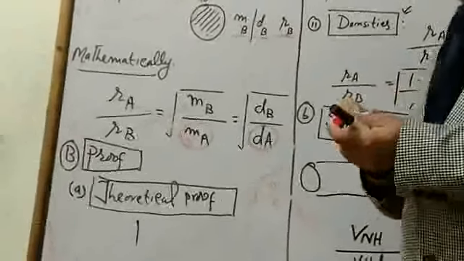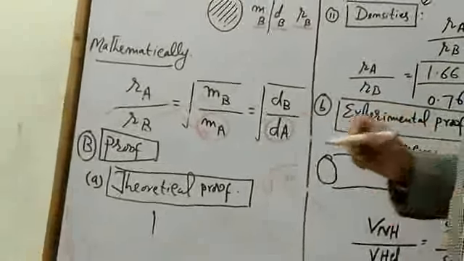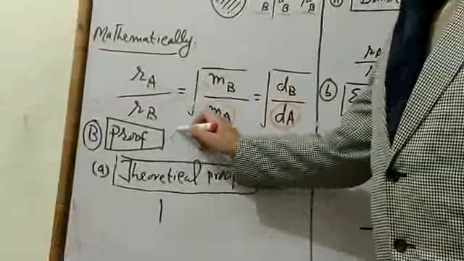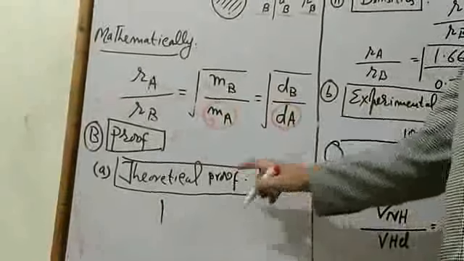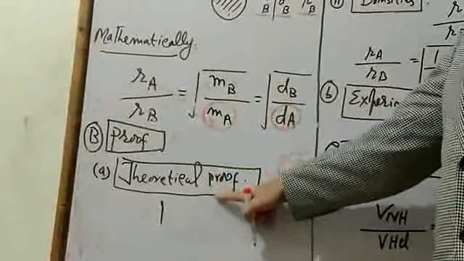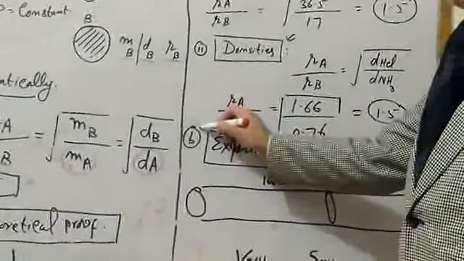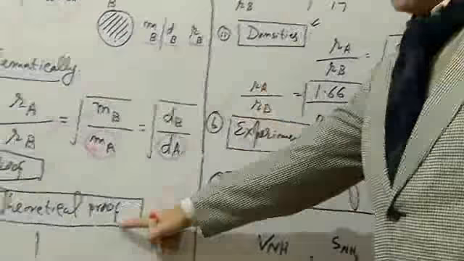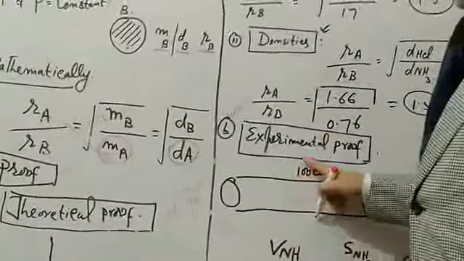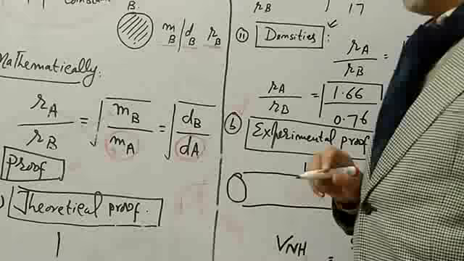Now, in order to explain and prove it, we have two proofs: the theoretical proof and the experimental proof.